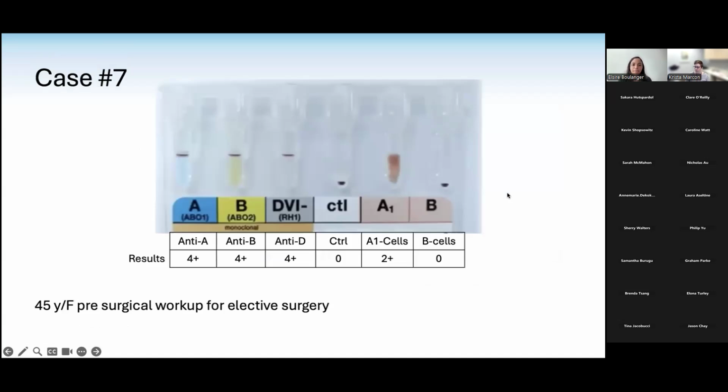And now, case number 7: a 45-year-old female patient who has a pre-surgical workup for elective surgery. What is the most likely blood group that I have here? I have a strong A, strong B, but I'm having 2 plus reactions with anti-A1. So what is this?